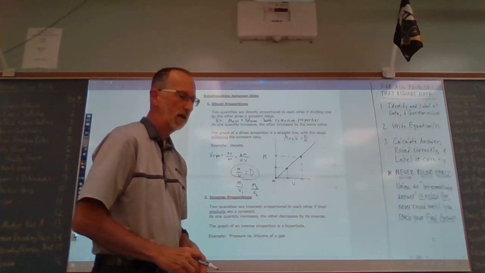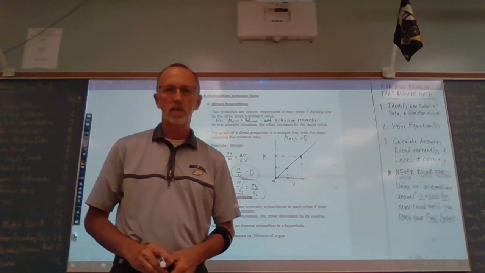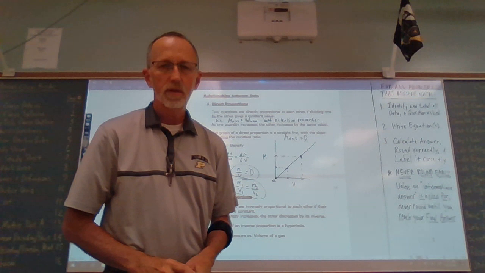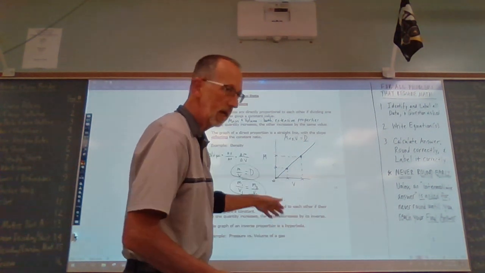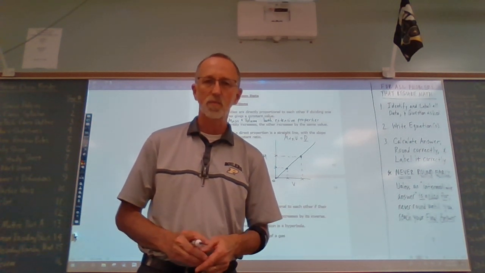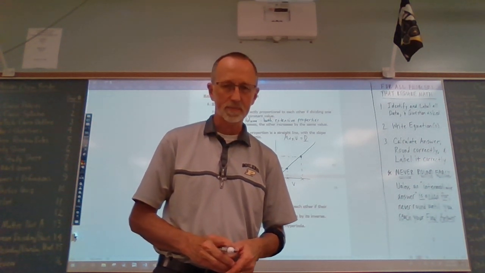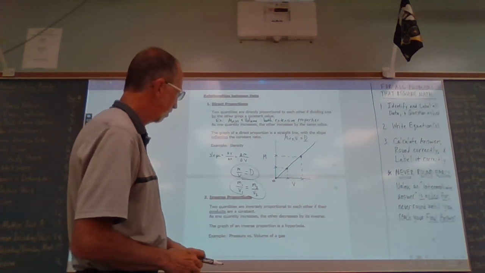Again, mass over volume. Those are equal to each other. They reflect the same slope. One line, one slope, same ratio of mass to volume, same ratio of y over x. Okay? So, we'll review there.